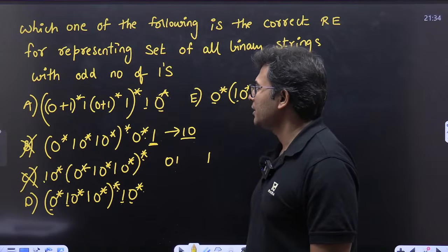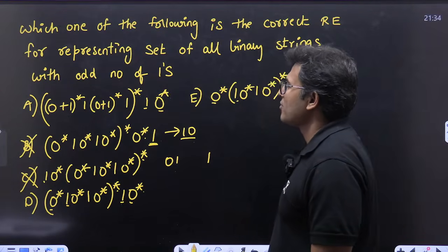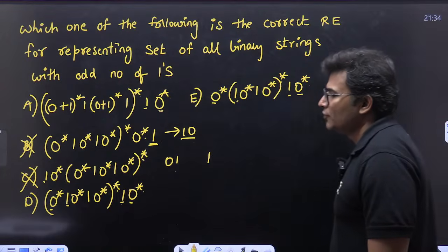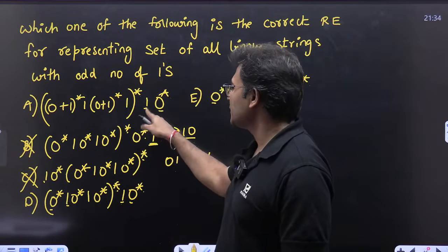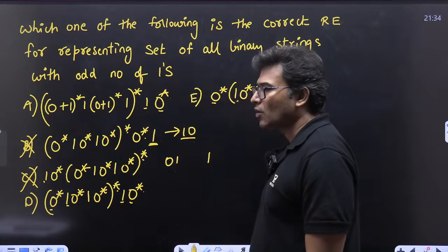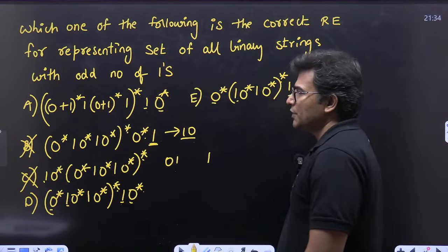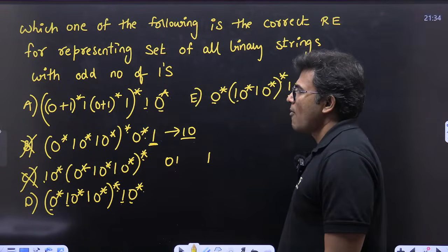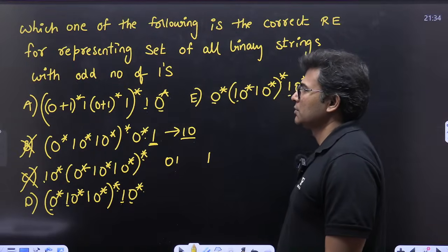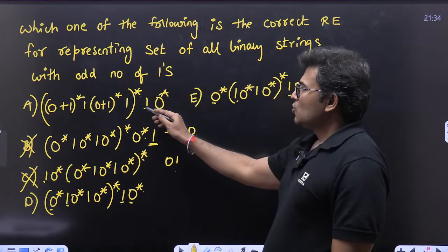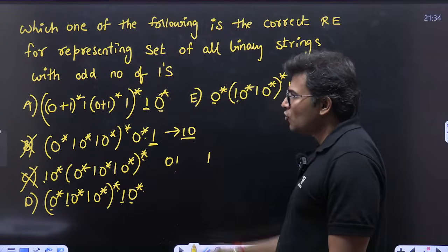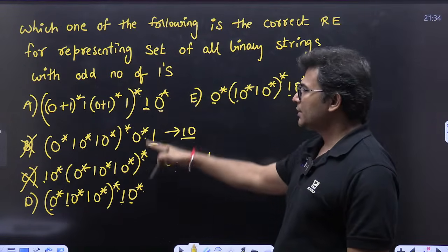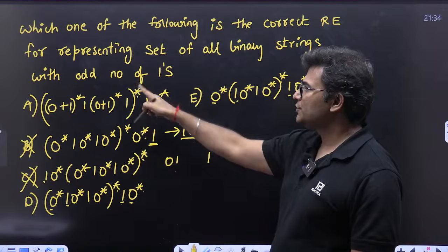Now, if you look at option A, how can we check it? The only way that I get a single 1 is if I put a 0 here.